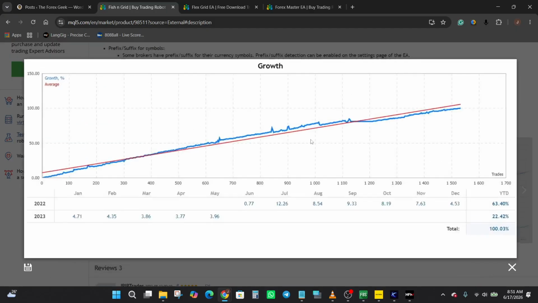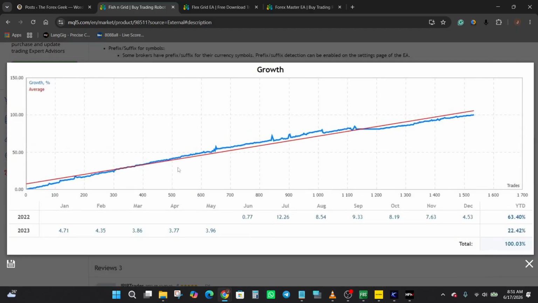All right, and then here I can see quite a steady equity growth curve. Quite interesting. 100% profit generated over about 12 months. This is June 2022 to May 2023.